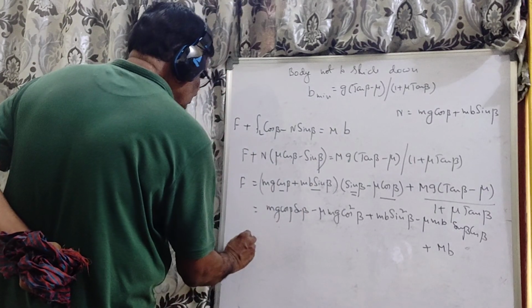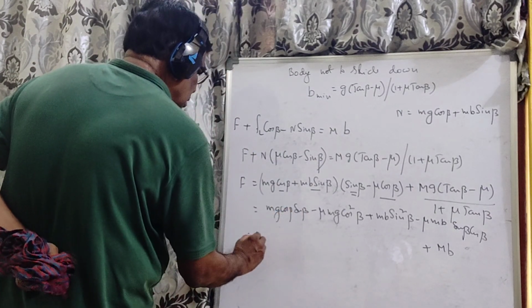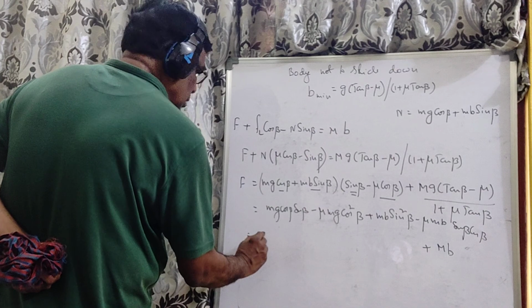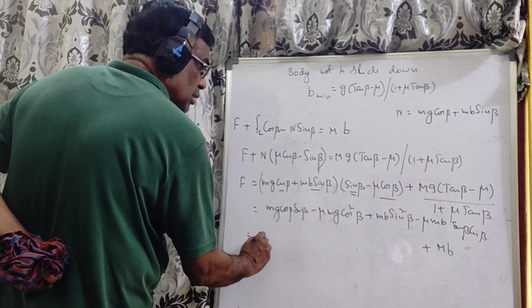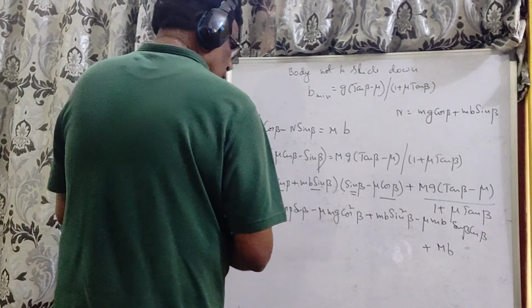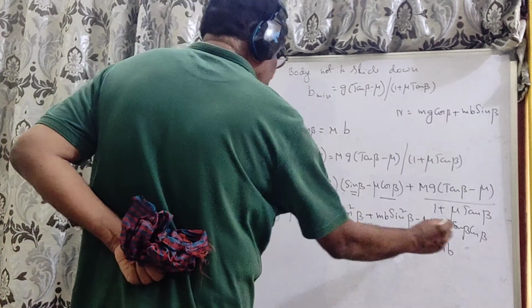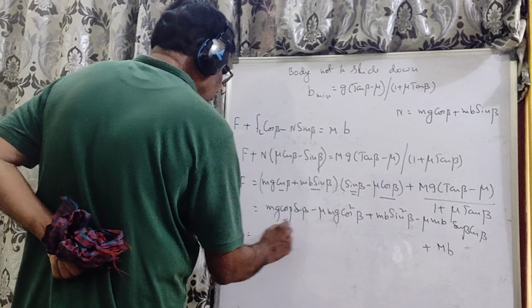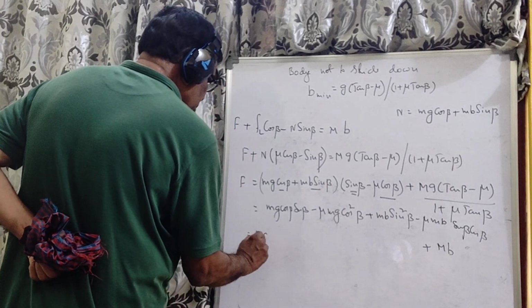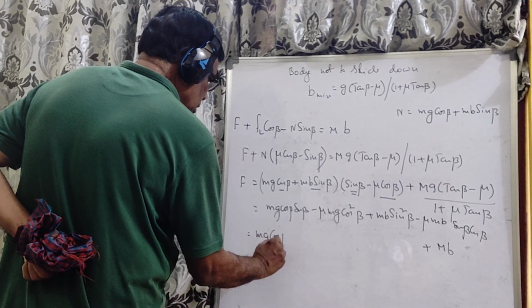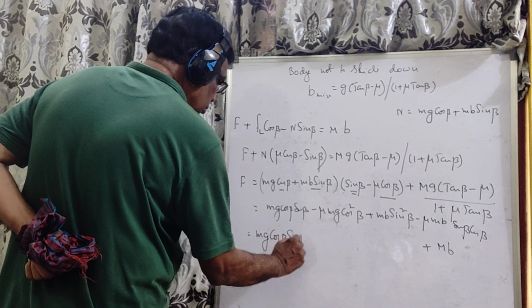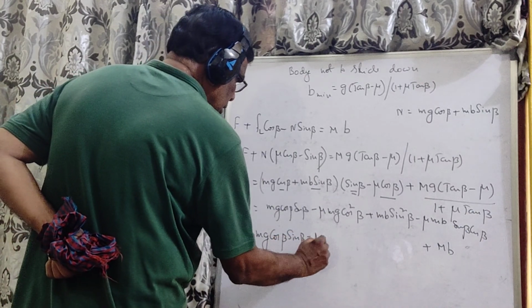So now you can see G, I think I will take only B terms and retain them as they are. mg cos beta sin beta.